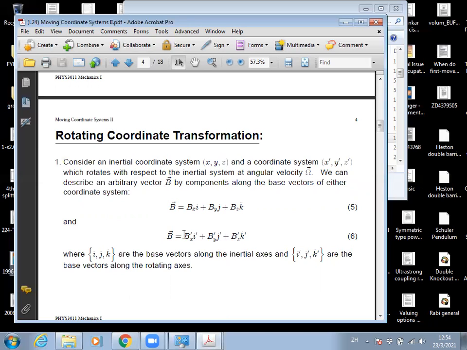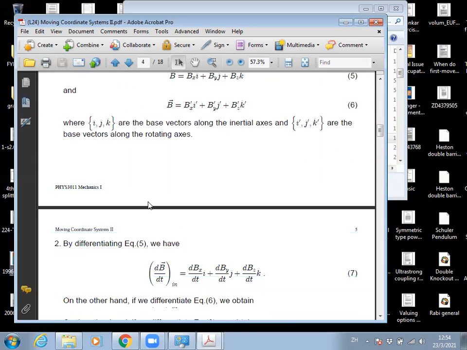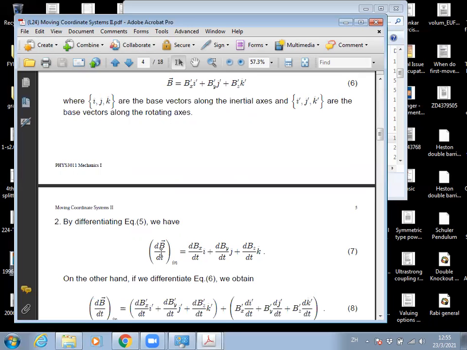And its components are Bx prime, By prime, Bz prime with respect to the rotating frame, all right? Now, if I differentiate this vector, we want to find the rate of change of this vector, we will see that in the left frame or inertial frame, dB/dt is given by this.